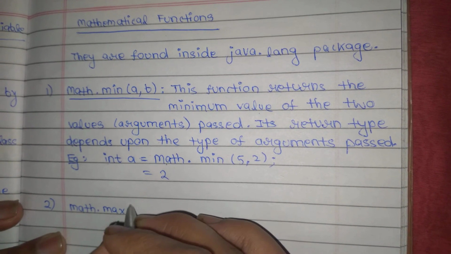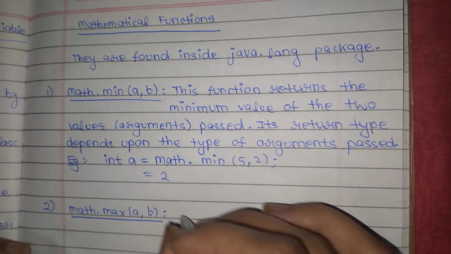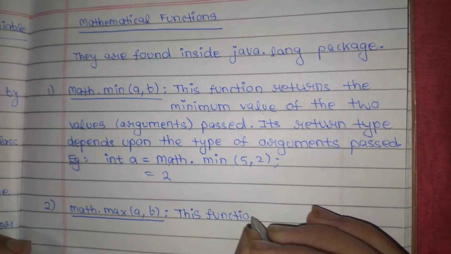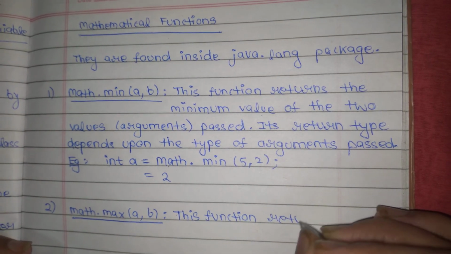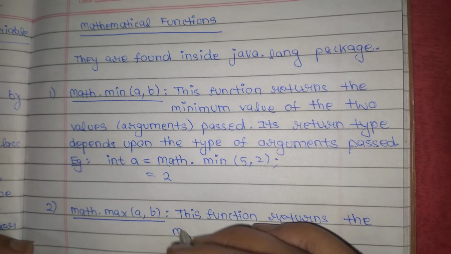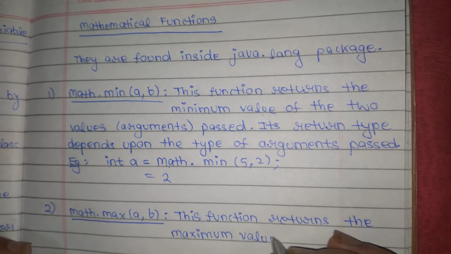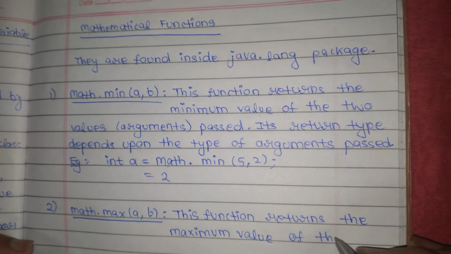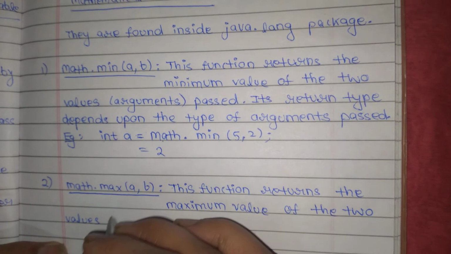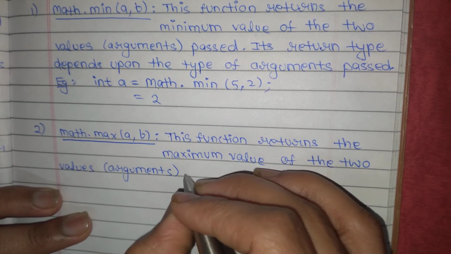Then the second one, math.max(a, b). This function returns the maximum value of the two values or arguments passed.